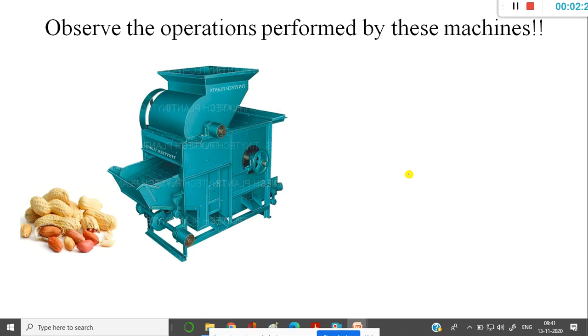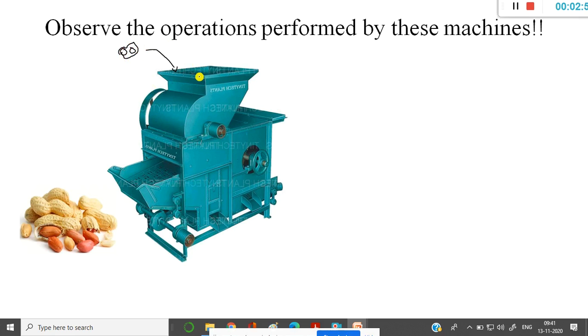What does it do? The input for this system, I can replace machine with system, right? This is one of the systems. What is the input for this system? The input is a complete groundnut, which has a wrapper plus the groundnuts within it.